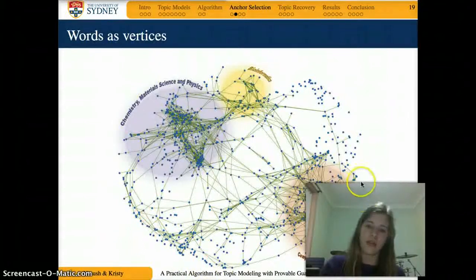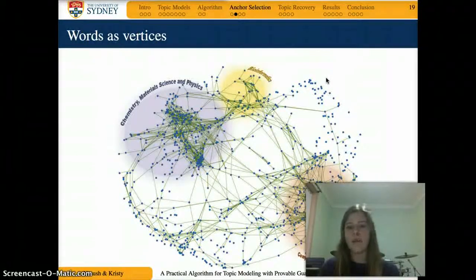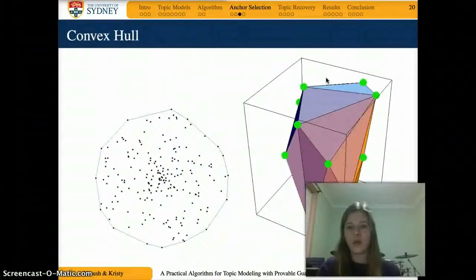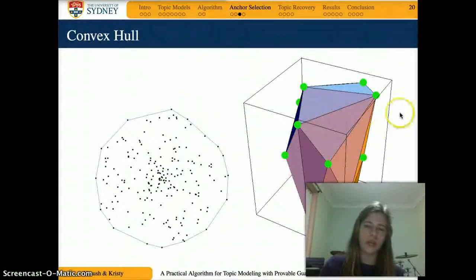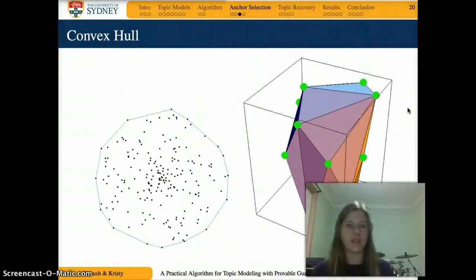Now, it's difficult to visualize in V dimensions when this is only 2 dimensions, but you can visualize in 3 dimensions what happens. These words on the outside here, what do they represent? Do they hold some sort of significance? And it turns out that they actually do. They are the anchor words.